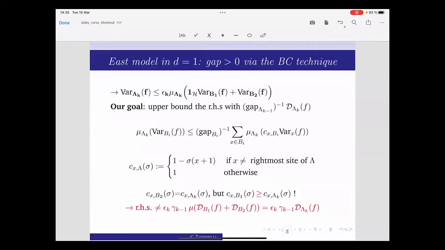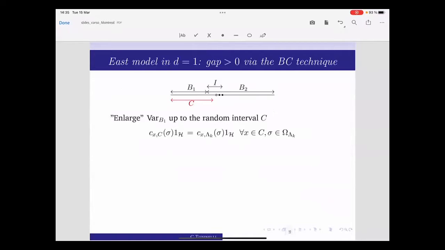because the boundary condition for the volume on the left is not the good one, is not with the empty site. So that's the reason, and you see why I really had to impose that stripe on my right. That's the reason why I was updating the block B1 only if there was at least one empty site on that stripe, because then the trick is to treat the variance on the first block by enlarging it to the random block which contains the block B1 and a little bit more.